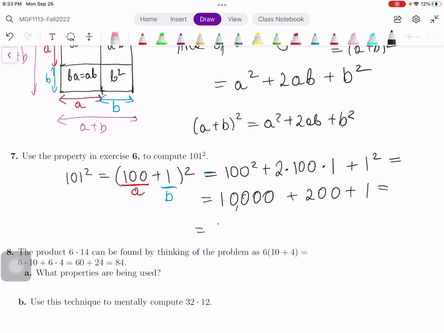So that's 10,201, okay? And we have it. And notice it wasn't that difficult to compute, right? If we use this property, but if we wanted to, in our heads, multiply 101 by 101, then it seems more complicated.